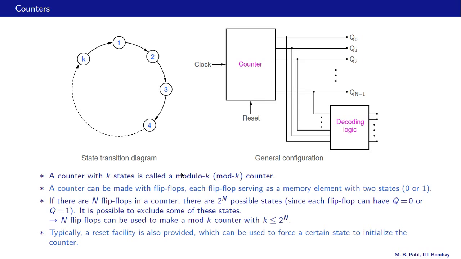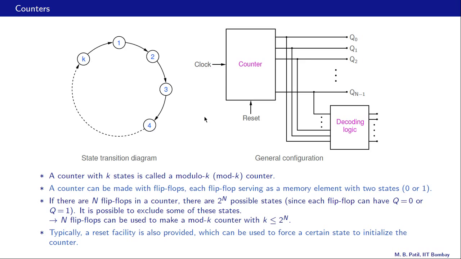And therefore, let's say we have 3 flip-flops, then we can have a maximum of 8 possible states here. So our K can be 8. But we can also exclude some states, and therefore n flip-flops can be used to make a mod K counter with K less than or equal to 2 raised to n. So that is what this picture shows. Inside this counter there are flip-flops, and this Q0, Q1, Q2, etc. are the outputs of those flip-flops.